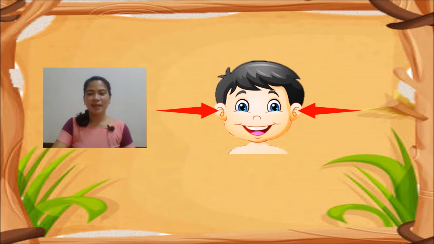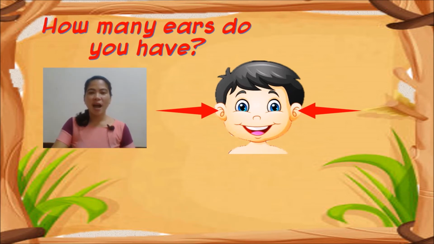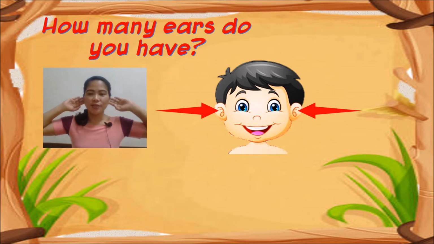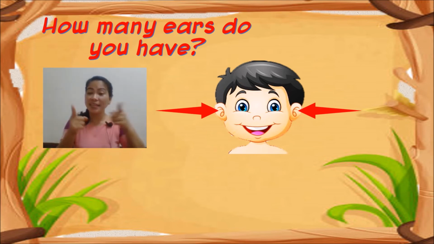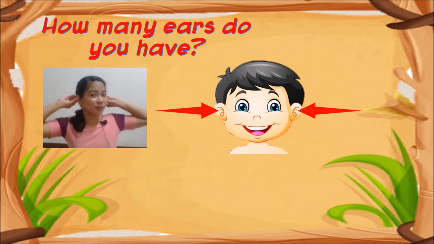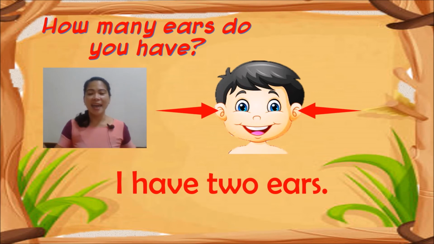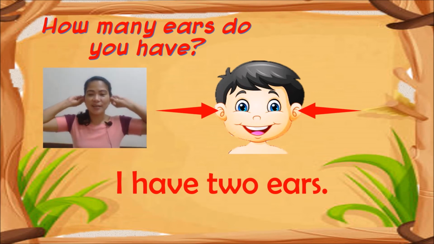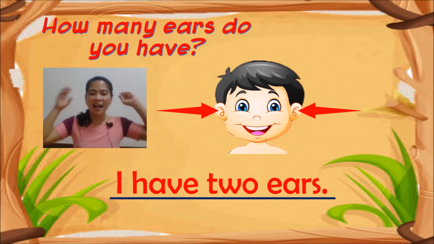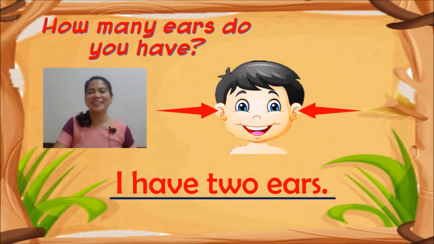Then, about the number, how many ears do you have? Let's count it. 1. Then we have 2. 2 ears. So let's say the sentence together. I have 2 ears. One more time. I have 2 ears. And the translation.